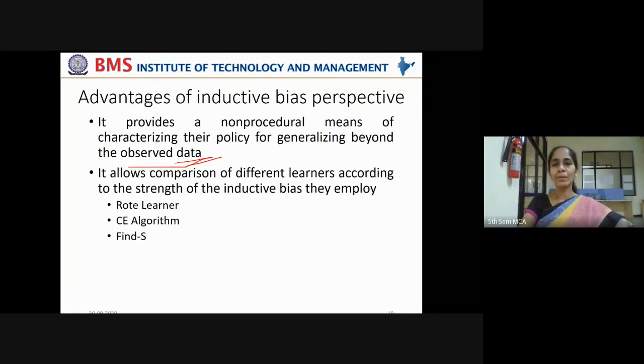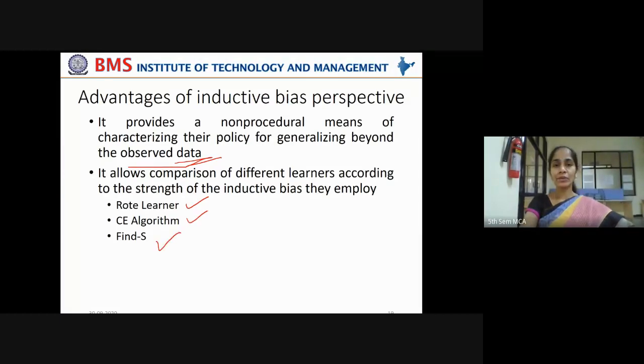It doesn't follow any procedure, but it helps us to characterize the policy for generalizing beyond the observed data, right? That is called as inductive bias perspective. Now it allows comparison of different learners according to the strength of the inductive bias they employ. So we will be able to compare what type of inductive bias it is employing in these algorithms.